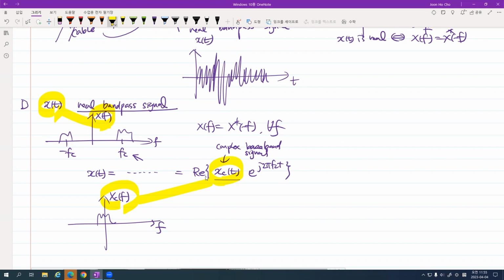So we communication engineers, after we agree on what the center frequency is, usually just work with a complex baseband signal. And this continues even when we have noise here. Okay?